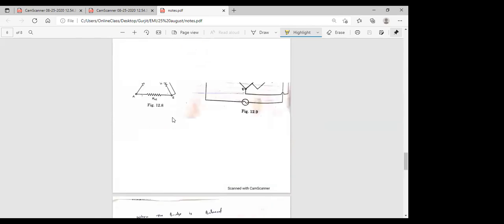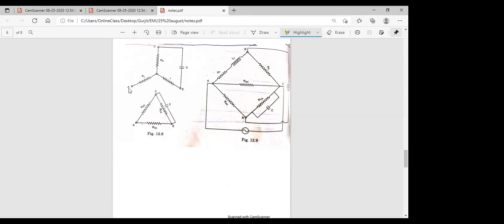When we are talking about RAE, from point A we are moving toward point E. When we move from A to point E, we will find this resistance RAE. When we move from point A to point E, there are two resistances.